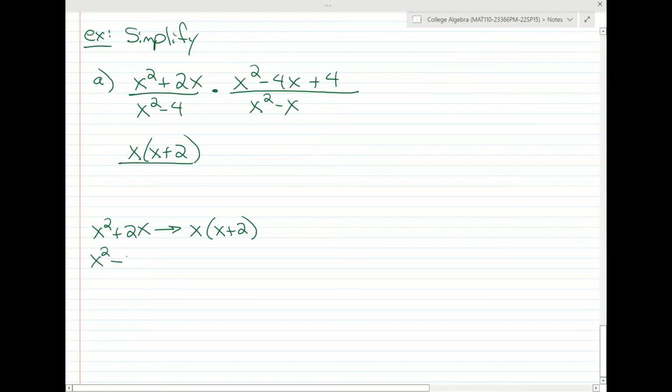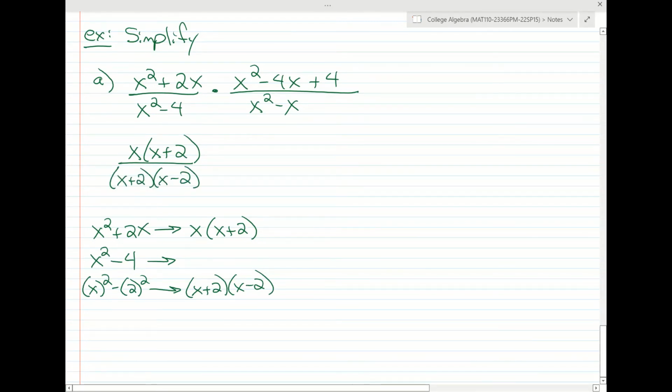All right, when we have x squared minus 4, this factors, this is a special case. This would just be x plus 2 times x minus 2. Now we have that second fraction we have to factor.